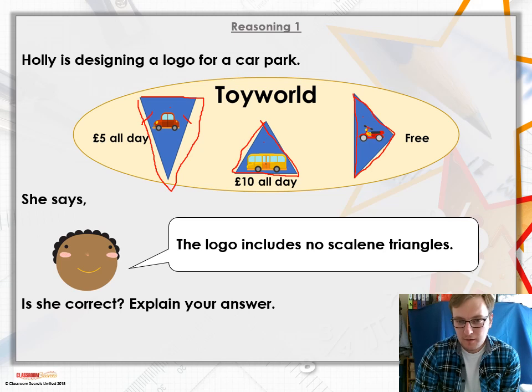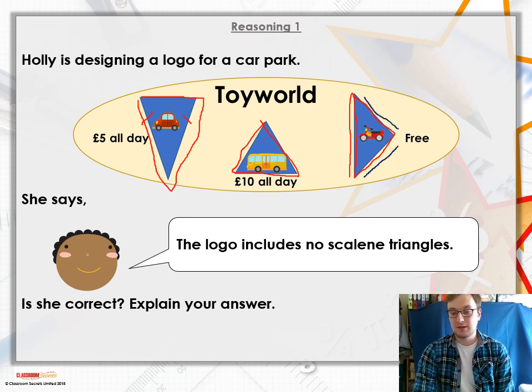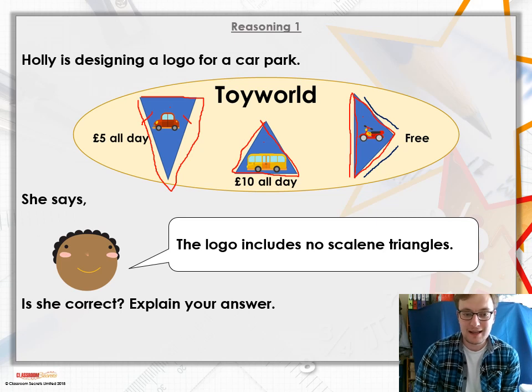It's got one very long side here, but then this side and this side are equal, which means it's an isosceles triangle as well. So Holly is actually correct that her logo does not include a scalene triangle, because it contains an equilateral triangle here and two isosceles triangles there.